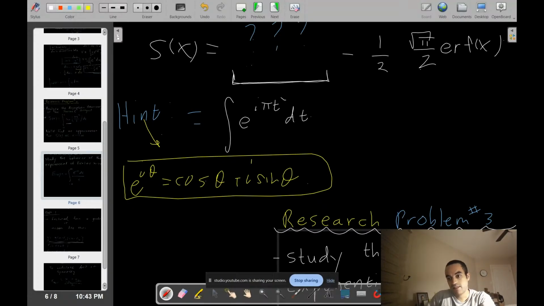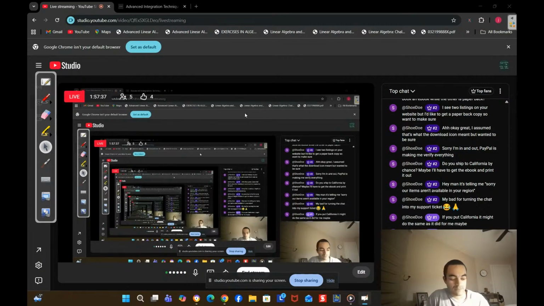We can't integrate it directly because both the error function and the Gaussian integral have e to the negative of something squared, whereas here it's e to the positive power squared. I hope that made sense.